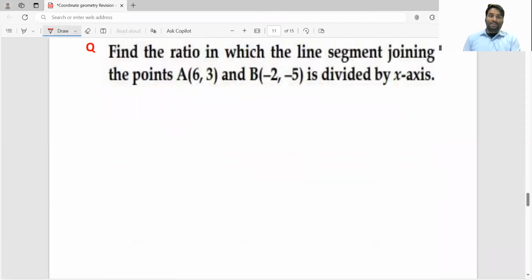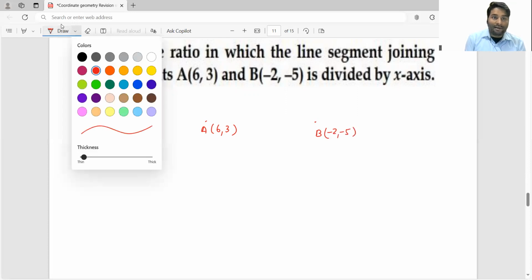Now, the next question: find the ratio in which the line segment joining the points A (6, 3) and B (-2, -5) is divided by the x axis. So again, we have these points A (6, 3) and B (-2, -5).